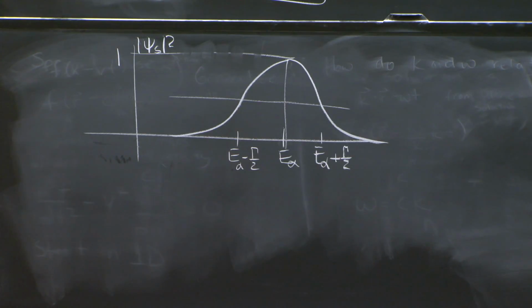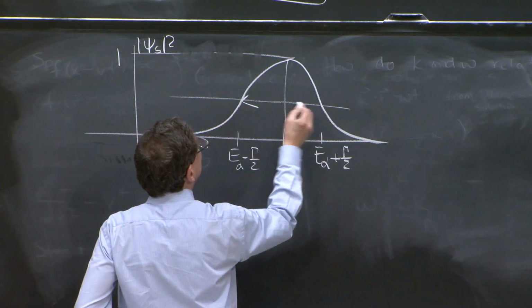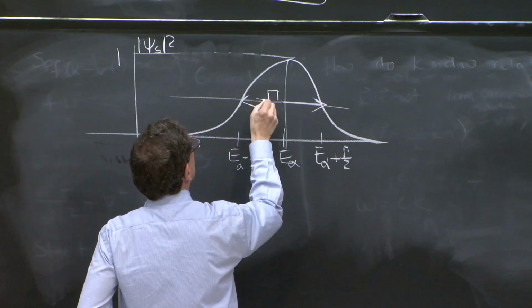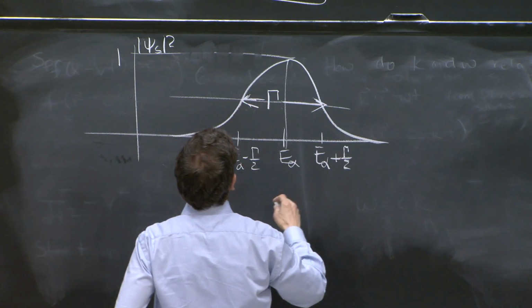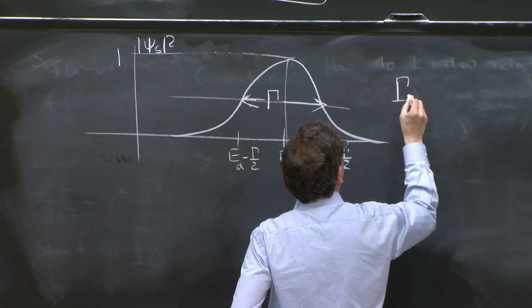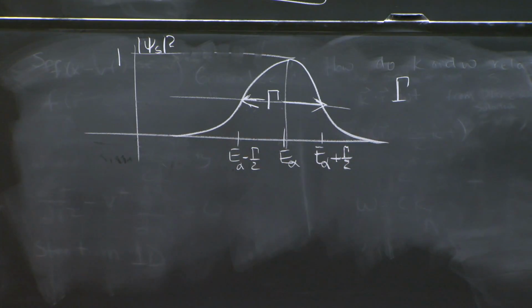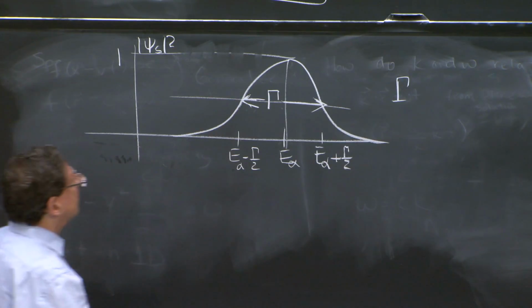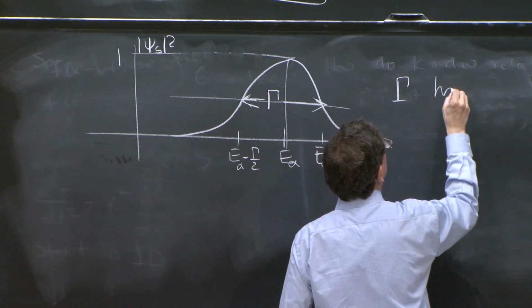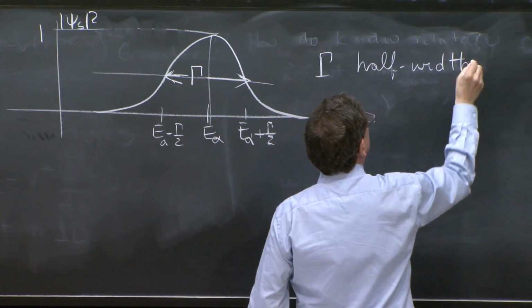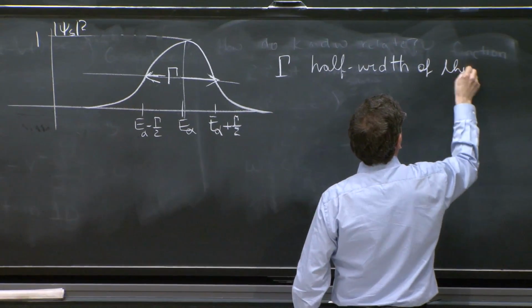And the width over here is gamma. So gamma is called the width at half power or at half intensity. Yeah. The half width of the distribution.